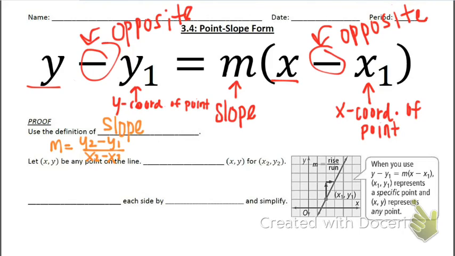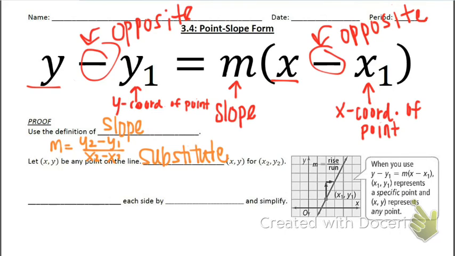So we use slope equals y2 minus y1 over x2 minus x1. And then what we're going to do is we're going to let x, y be any other point on the line. And we'll substitute x, y for x2, y2. So what we're saying here is that instead of picking two specific points, we're going to let one of those coordinates be any x and y, so we just call them x, y.